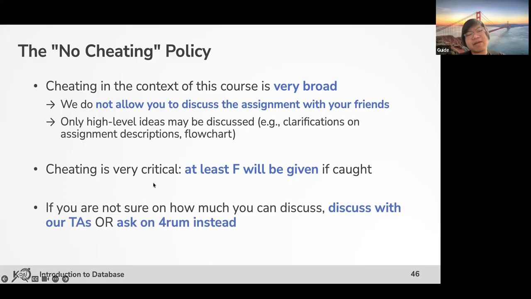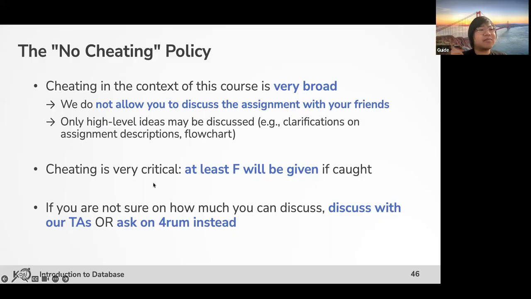If you are not sure how much you can discuss, ask a TA. We have five TAs, including me it's six, right? Or ask on the forum, because we are monitoring the forum, so we know which questions are proper and which are not. If you're not sure whether you should discuss something with your friend, ask it on the forum.